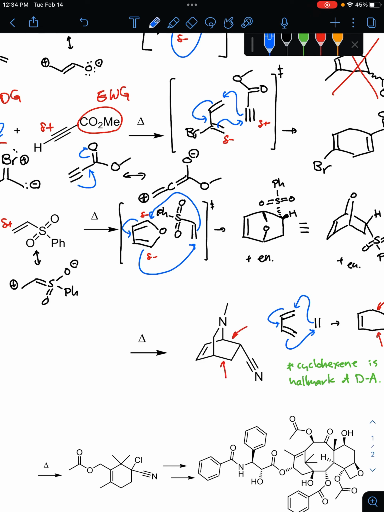And we can think about the mechanism in the reverse direction, kind of like this. Whoops, I made a mistake. It'll be like this, okay? That's the reverse engineering of the Diels-Alder reaction.